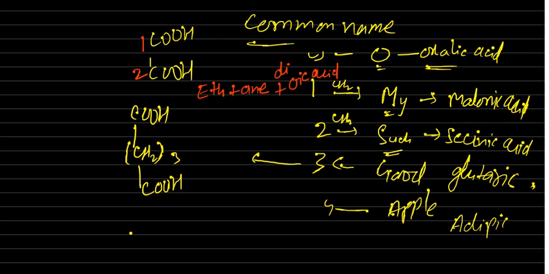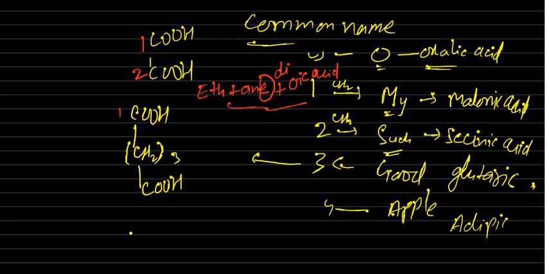We need not give 1, 2. Ethane dioic acid is enough, ethane 1, 2 dioic acid or ethane dioic acid. The important point is that this E you can keep as it is, because the next letter is D.